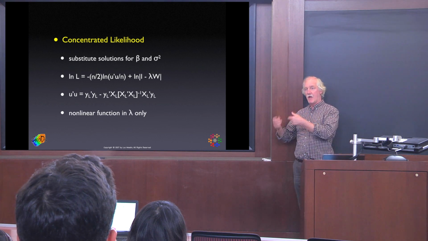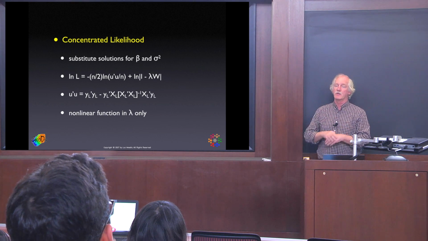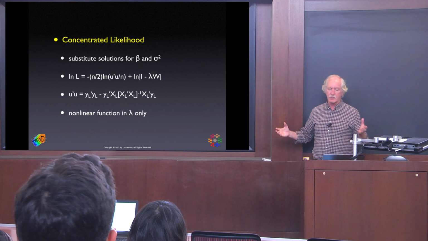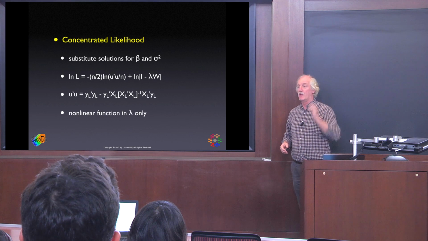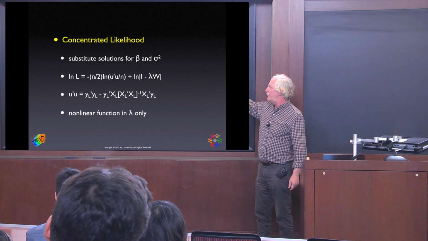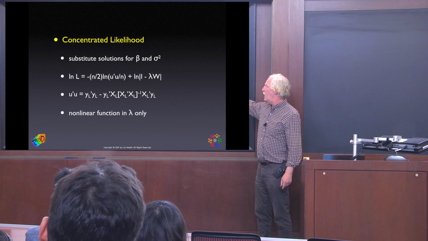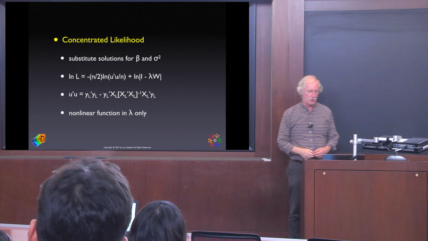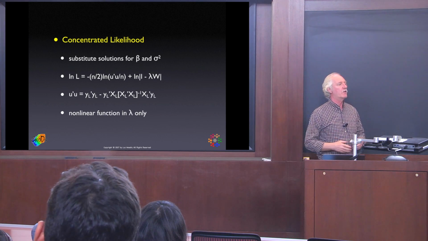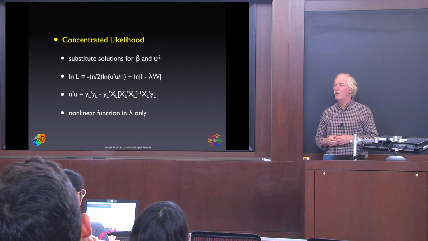We replace it by its expression, which also has lambda in there, but that's fine. So then the end result is a monster as a function of lambda. And it's a function of lambda through these different lagged y's and lagged x's, which are in there, as well as, of course, our friend the Jacobian. But this is a nonlinear function only in lambda, fairly straightforward to optimize.